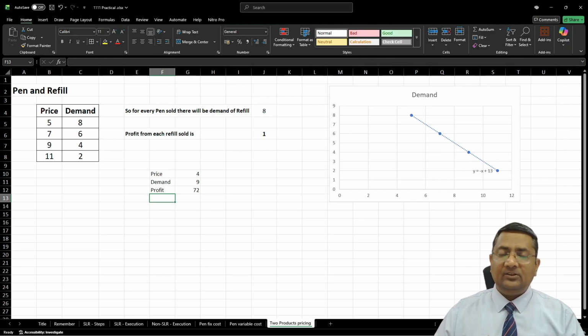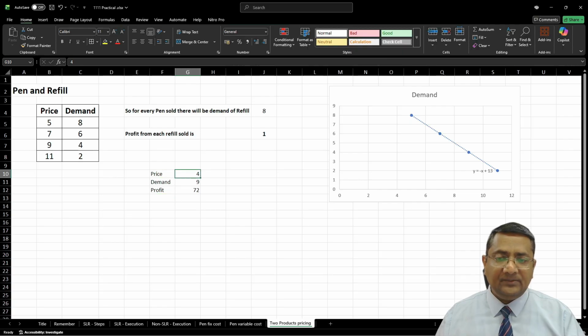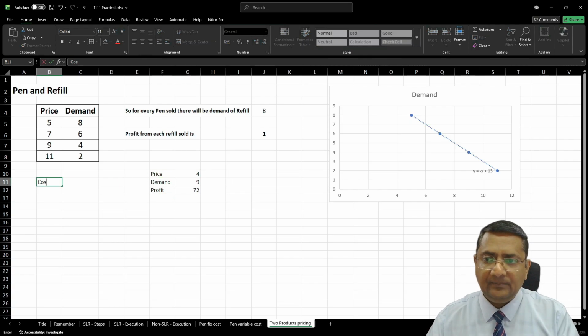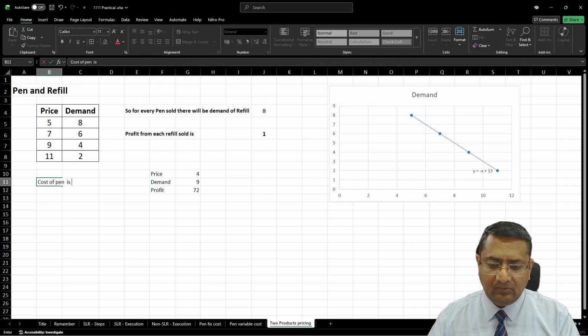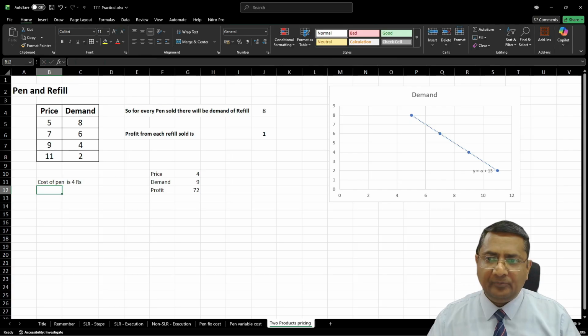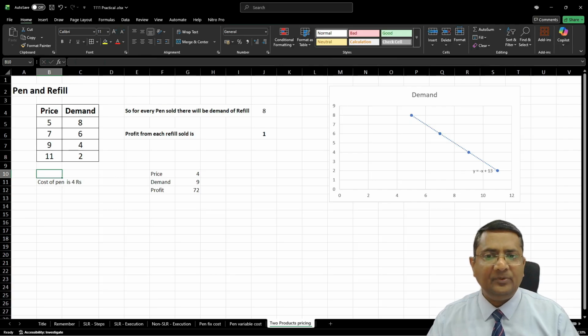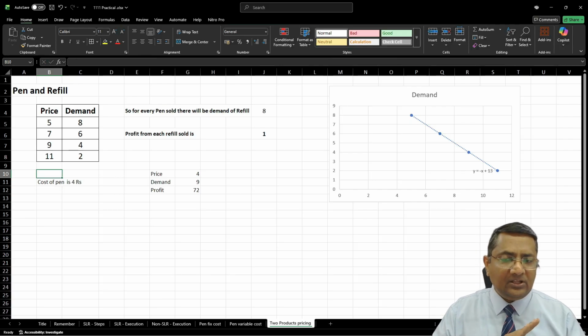Sorry, profit is 72. Now see here, we have taken price as 4 rupees and also we have taken the cost. What we have assumed? The cost of pen is 4 rupees. So cost of pen is 4 and price of pen is 4. So we are not earning anything from the sale of pen at price 4.